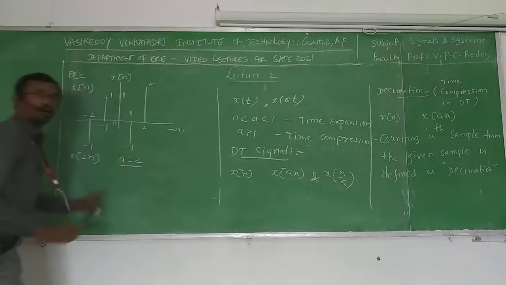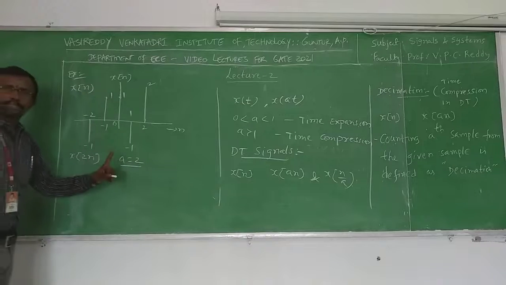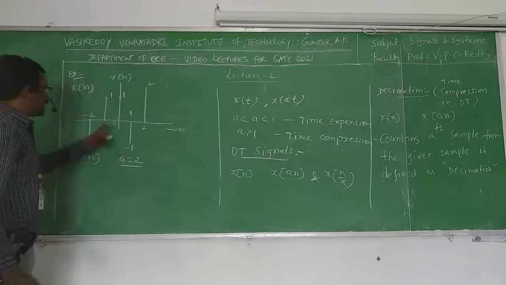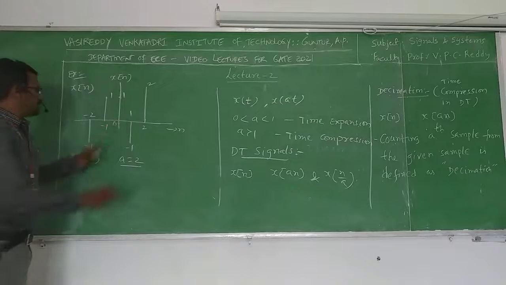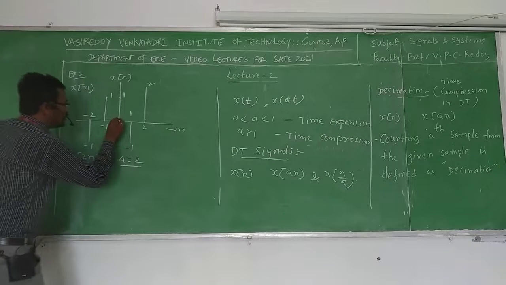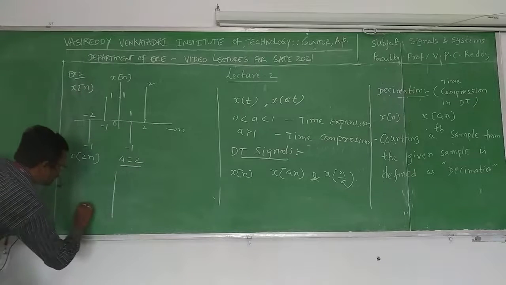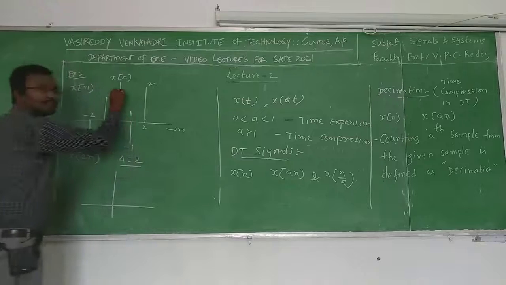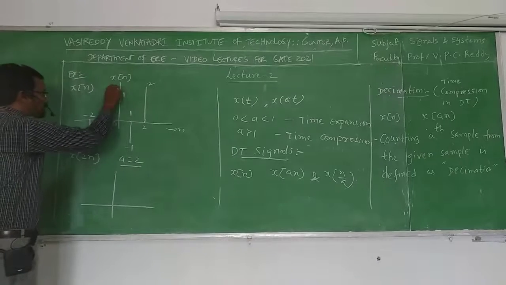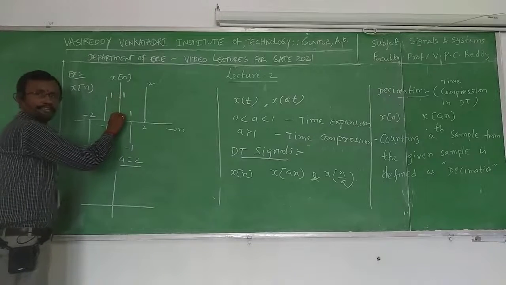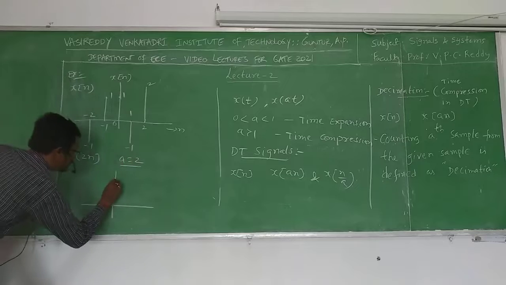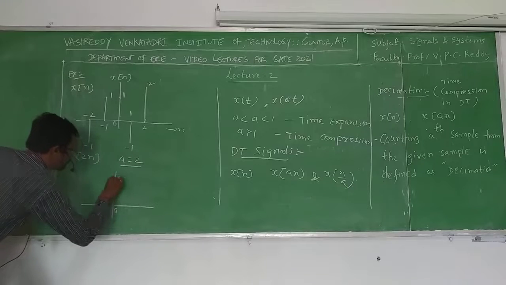Now we have to count the second sample from the given sample. We have to start from the origin. So if you count like this, 0, 1, 2. Moreover, the 0th sample remains the same, because there is no effect of time scaling on the 0th sample. At 0, the value is 1.